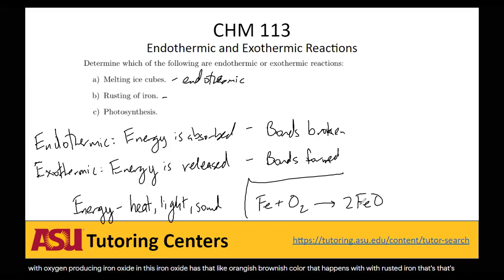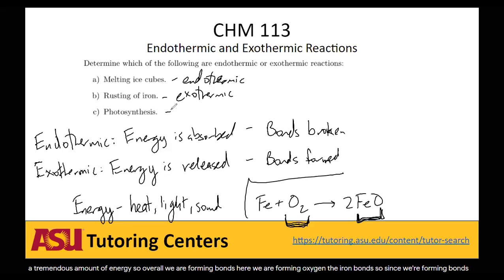That's what's happening molecularly. Now, breaking an oxygen bond does not require that much energy, but forming an iron oxide bond requires a tremendous amount of energy. So overall, we are forming bonds here. We are forming oxygen-iron bonds. So since we're forming bonds, that must mean we have an exothermic reaction.